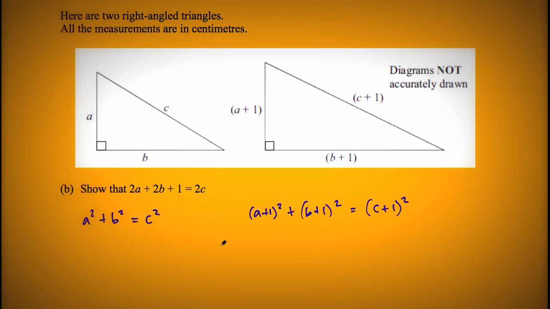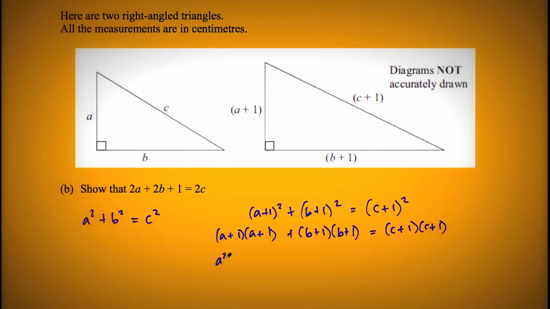If I expand each of these brackets, that's a plus 1 a plus 1, plus b plus 1 b plus 1, equals c plus 1 c plus 1. And I don't know whether this is going to lead to the right thing here. I'm just assuming that it will get me somewhere. I'm not sure where it's going so far. I'm just doing what I can.